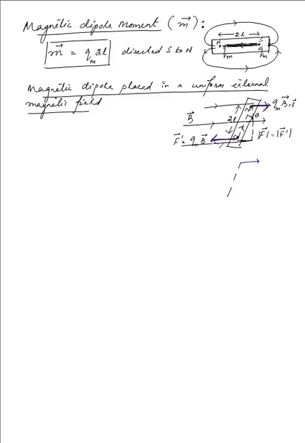This is the force over here, this is the force over here, and this is the angle theta. So dropping a perpendicular from the top, we have this to be the perpendicular distance between the two forces. Now the perpendicular distance in this case, if the length is simply 2L, will be 2L sine theta.